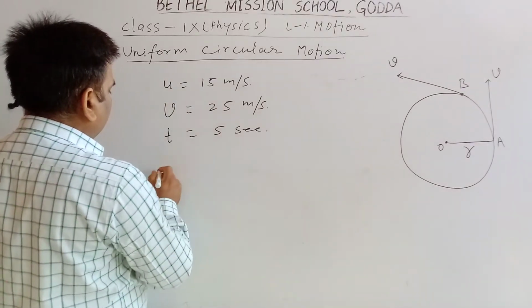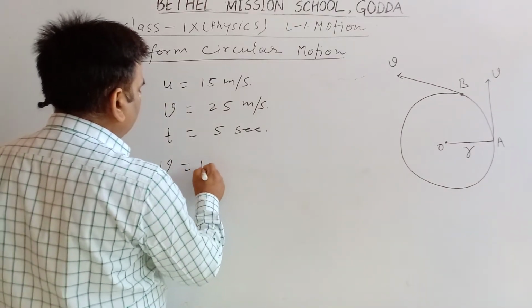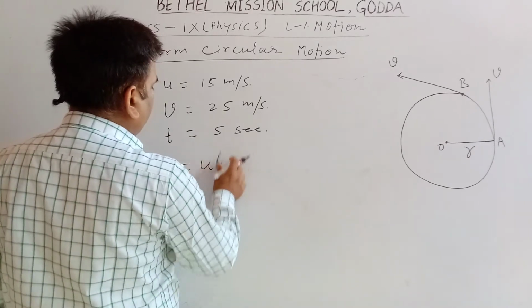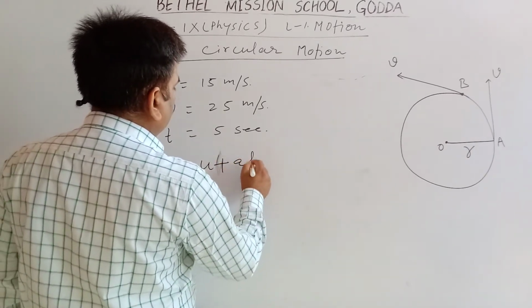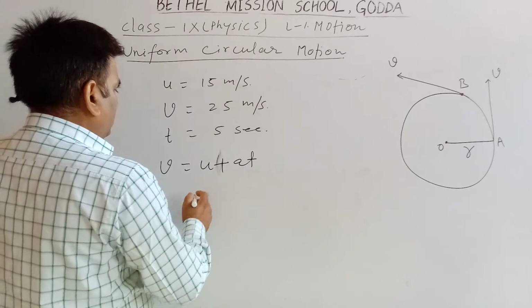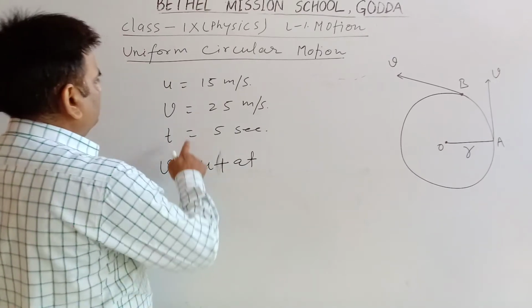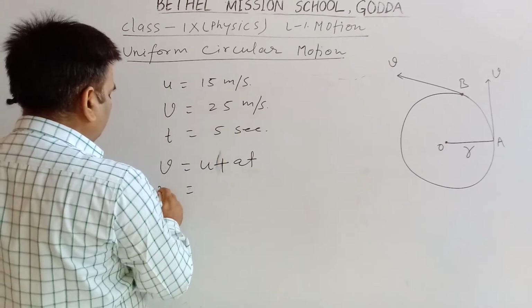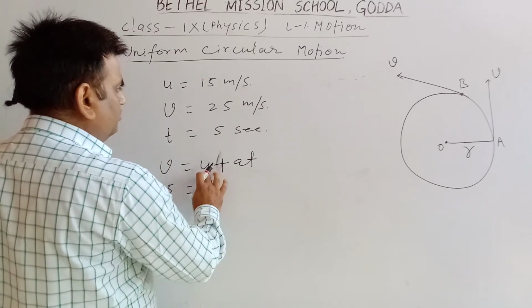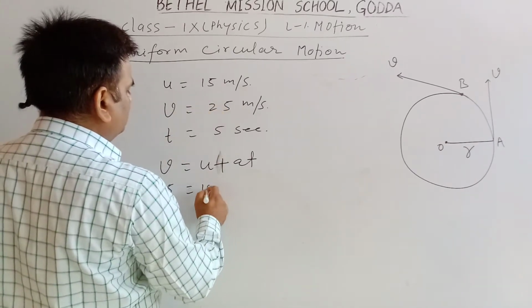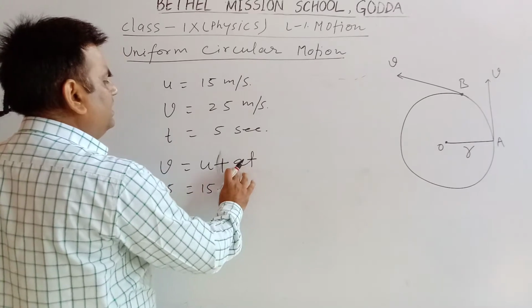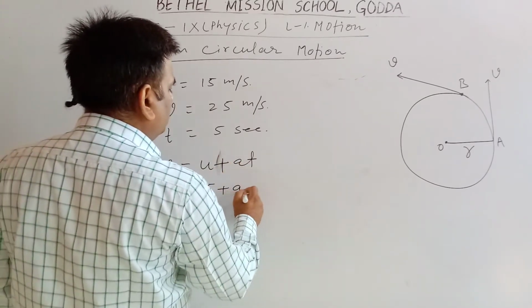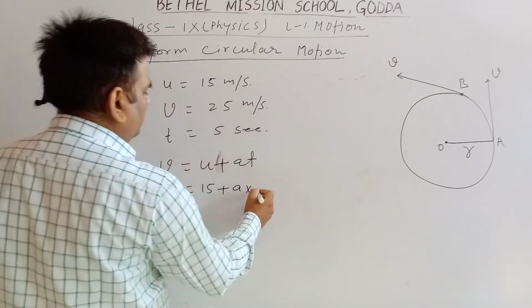The first equation of motion is v equals u plus at. And we will put in all these values. The value of v is 25, u is 15, a we have to find, and t is 5.